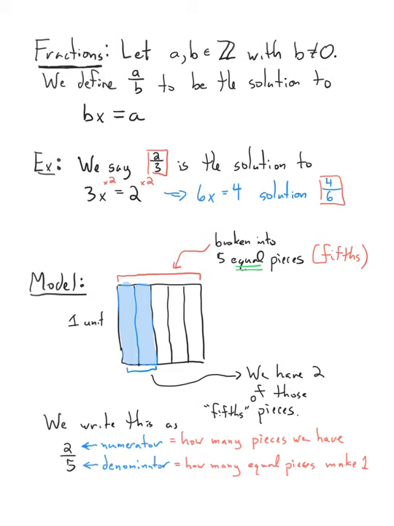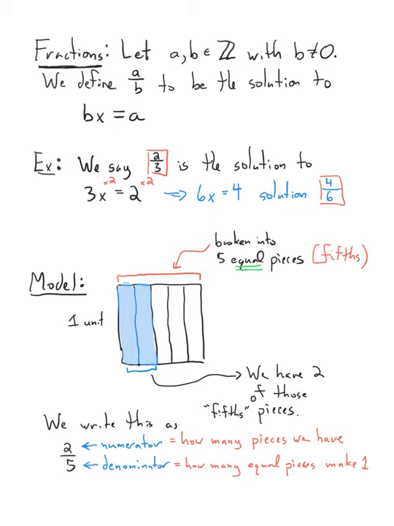But a good way to think about fractions is with some sort of unit model. And the idea is as follows. So let's say we have a ones block. So this here is 1 unit. There's my 1 unit. So if I want to, I can break this up into however many pieces I like. So let's say I break it up into 5 pieces, and I want the pieces to be equal size.